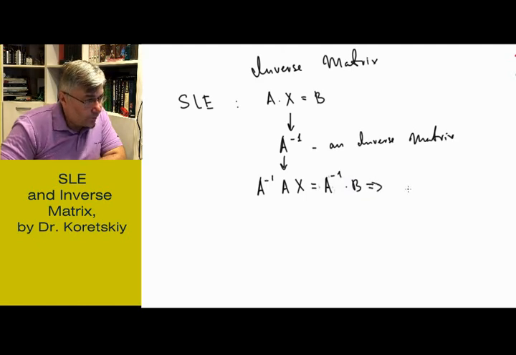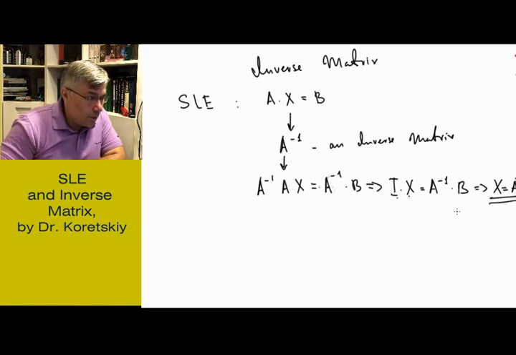It gives you the identity matrix times x equals the inverse matrix times b. You remember that the identity matrix times x gives x, so x equals A minus 1 times b. So this is the roots of the system of linear equations.